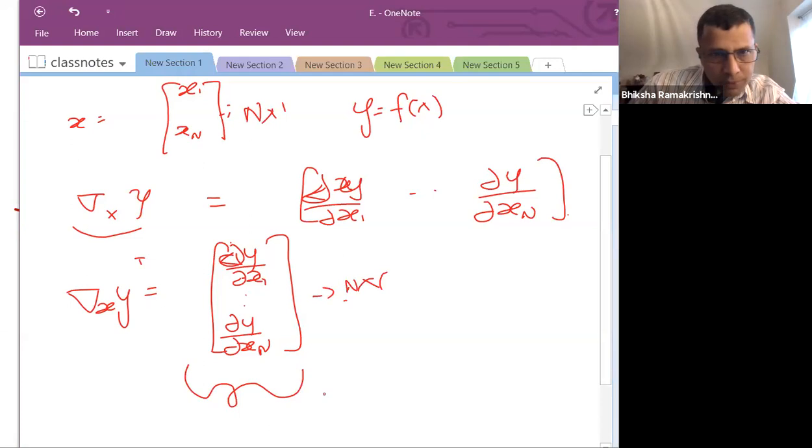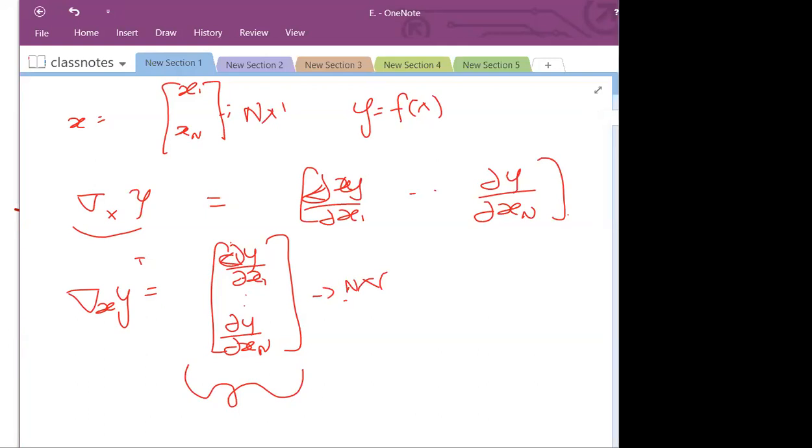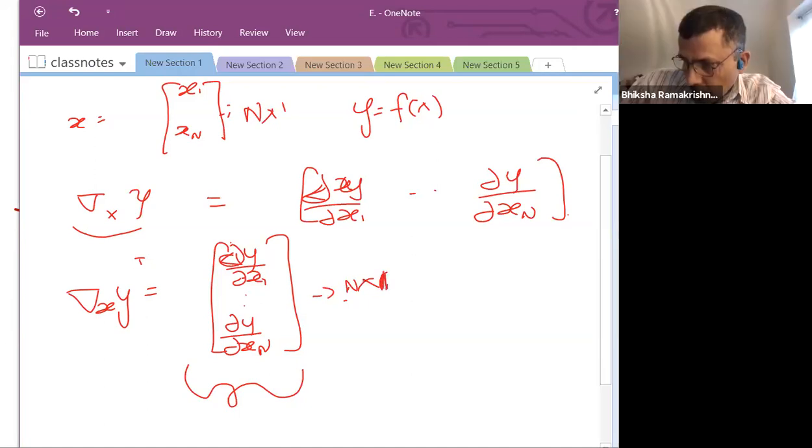Anybody know? N by N? No, it's n cross 1, but physically, what is this? This also represents a vector, right? And so this vector has a direction and a length.